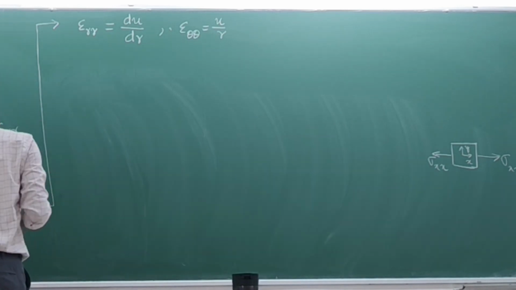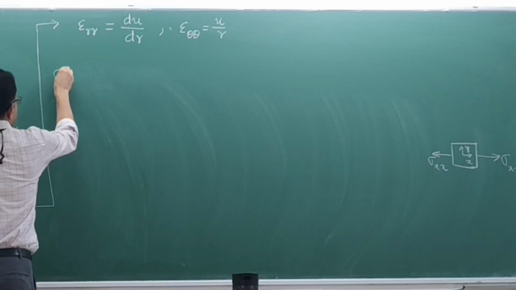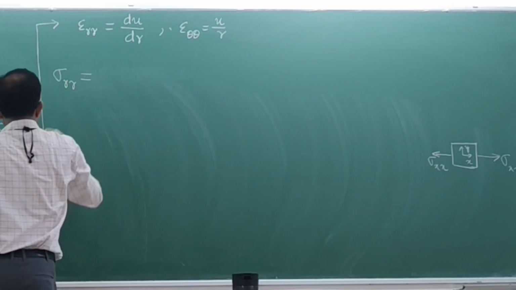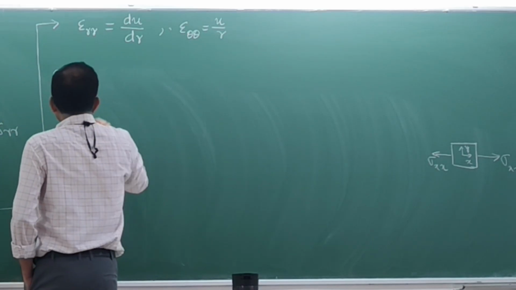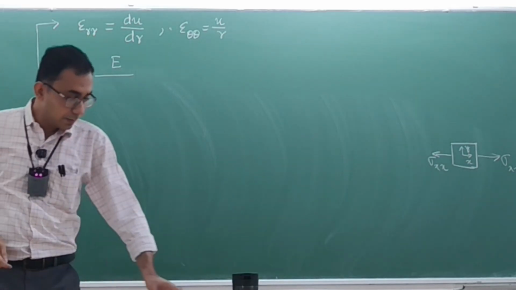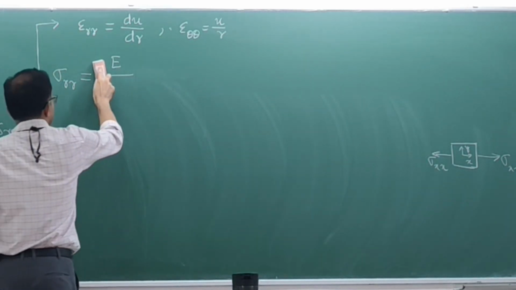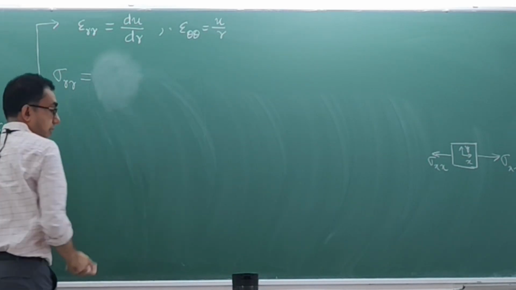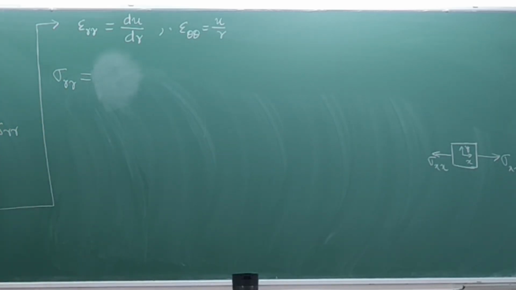Okay, so when we have that, sigma RR becomes what? Let me do one thing, because I'm feeling a little bit lazy. This E divided by 1 plus nu, this particular combination, I won't write again and again. I'll just call it E dash.